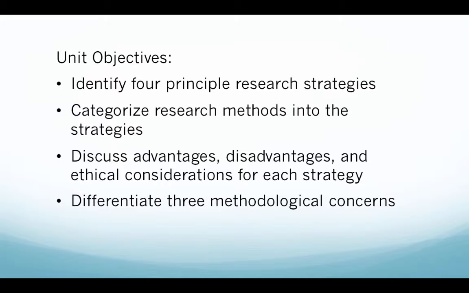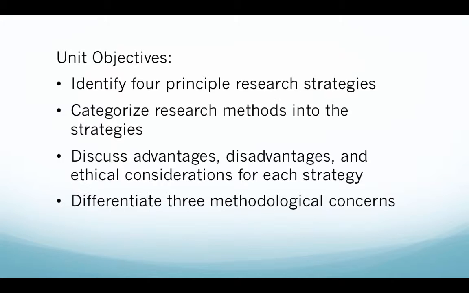You should also be able to discuss the advantages and disadvantages to each strategy, as well as the ethical considerations that should be made when using each of these strategies. Finally, you should be able to differentiate between the three different methodological concerns. In this lecture, I will introduce the strategies and methods, as well as what methodological concerns are most commonly attended to when doing research.